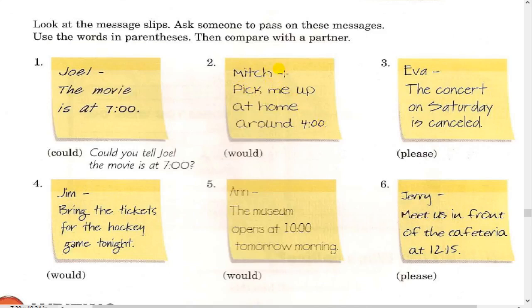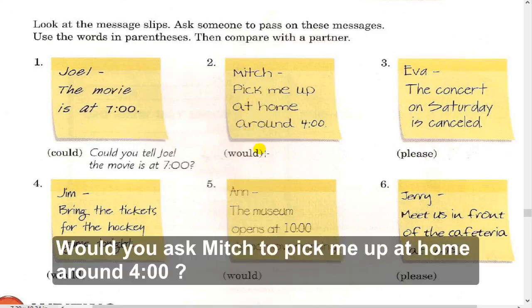Mitch is the person's name. Pick me up, verb, this is a request. Would you ask Mitch to pick me up at home around 4?